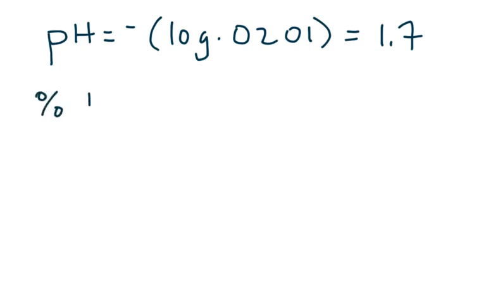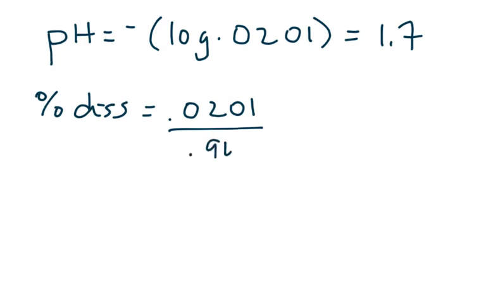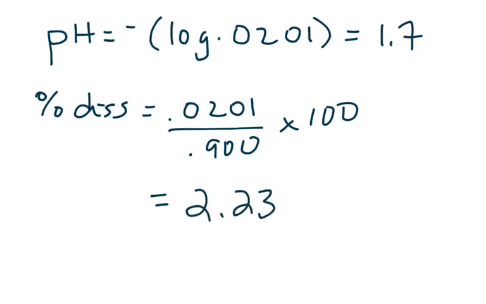So percent dis is our amount dissociated, so our H3O plus, which was 0.0201, divided by the original concentration, which was 0.900, and we times that by 100, and you end up with 2.23%. When you're calculating percent dis, go at least to a couple decimal places.